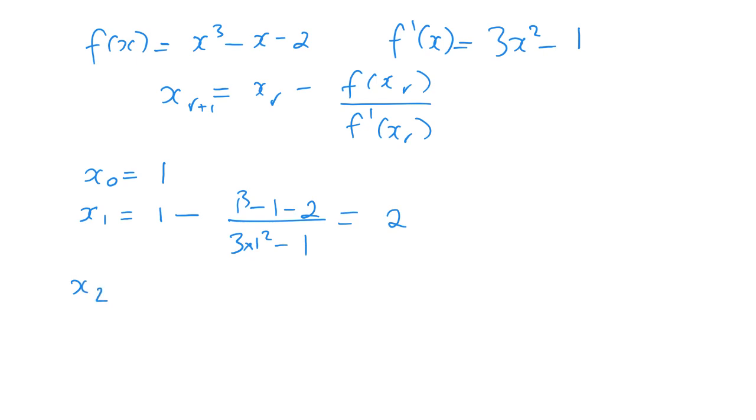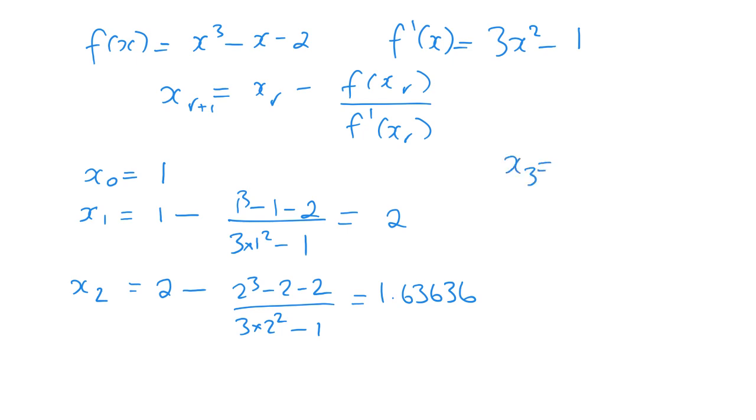Then for x_3, we put our previous answer in, so we get 2 minus 2 cubed minus 2 minus 2 all over 3 times 2 squared minus 1, and we get 1.63636.